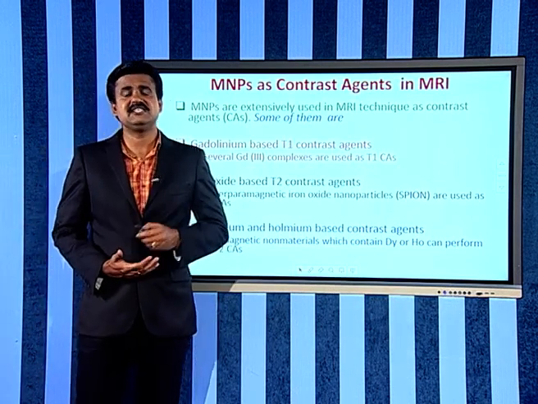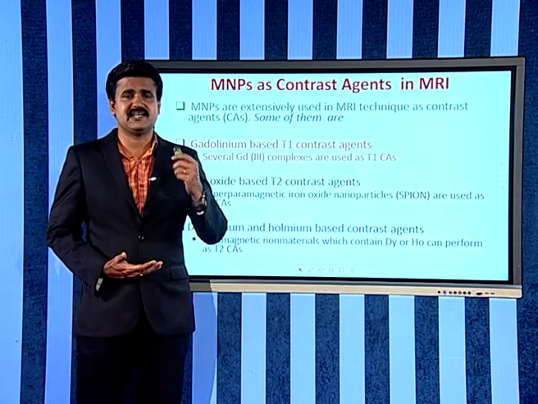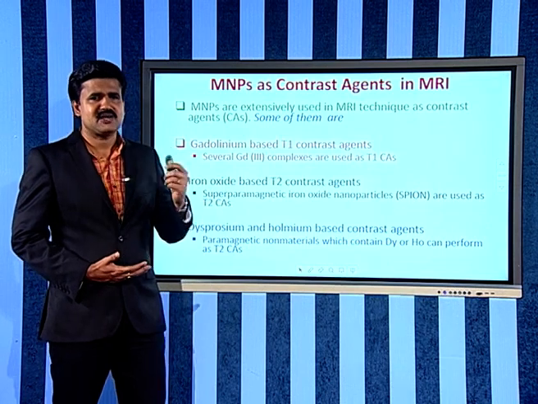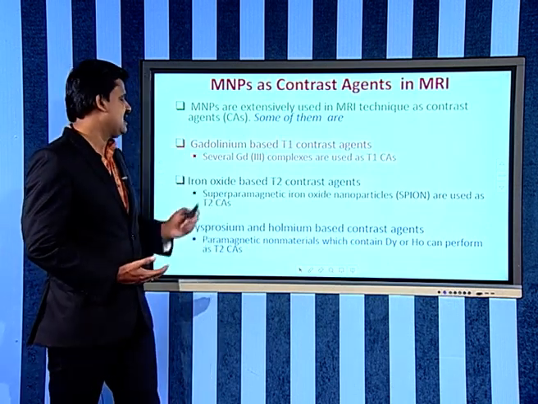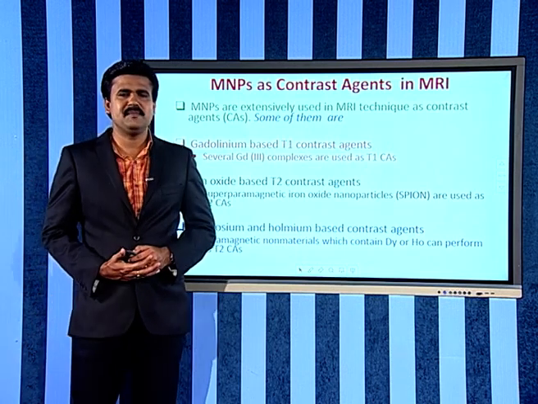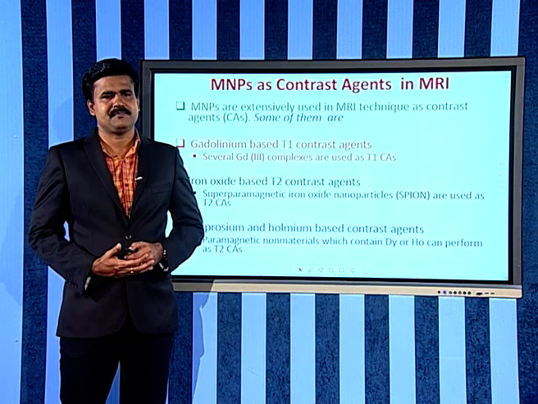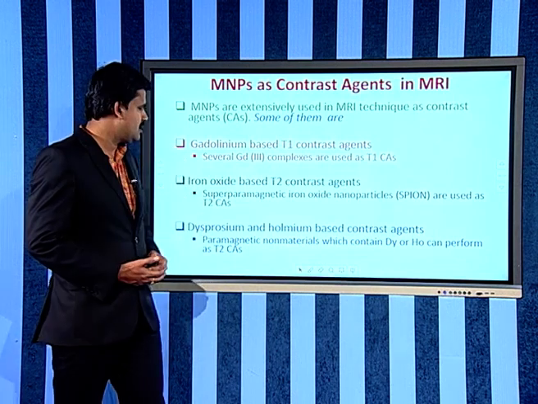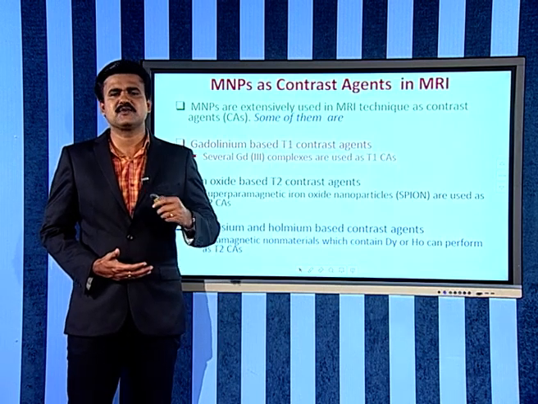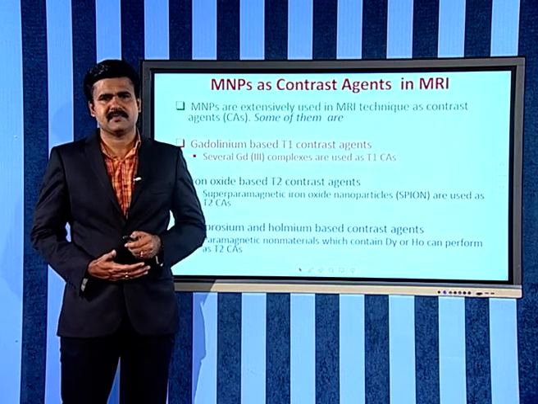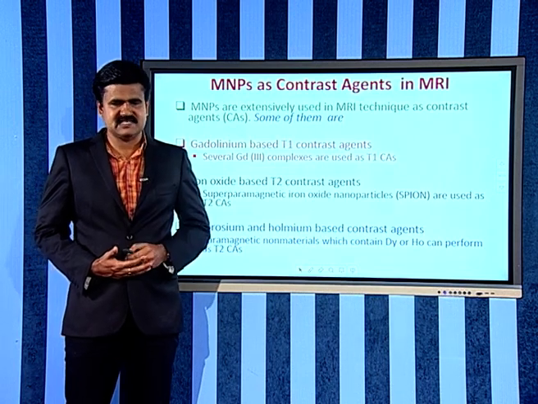Iron oxide based T2 contrast agents: superparamagnetic iron oxide nanoparticles, SPIONs, are used as T2 contrast agents in MRI. Dysprosium and holmium based contrast agents: recently, contrast agents based on paramagnetic nanomaterials containing dysprosium or holmium are also used as T2 contrast agents.